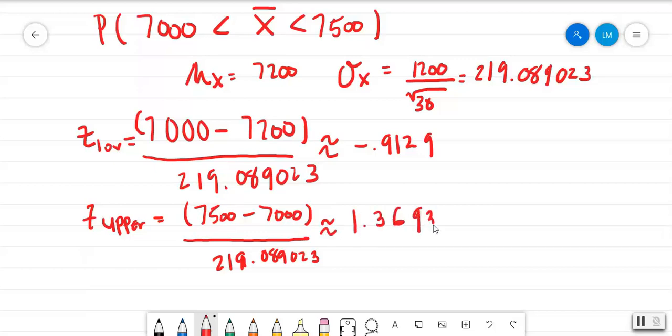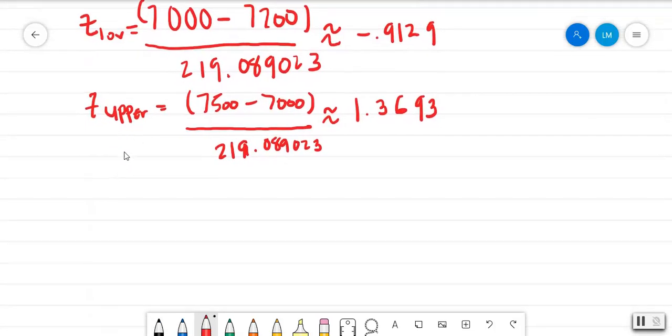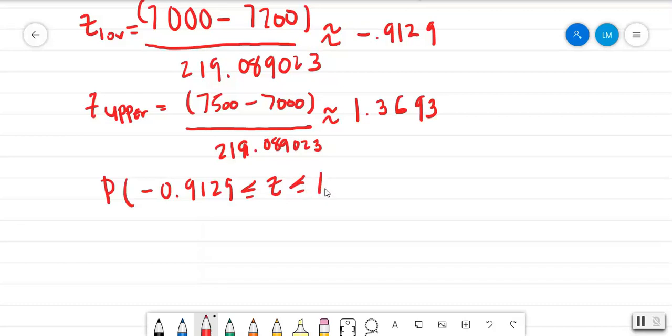So what that means is that our computation now becomes the probability that z lies between negative 0.9129 and 1.3693. Now, how do we do this? Well, we do it in the following manner.